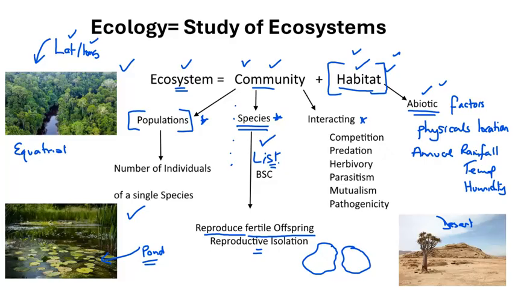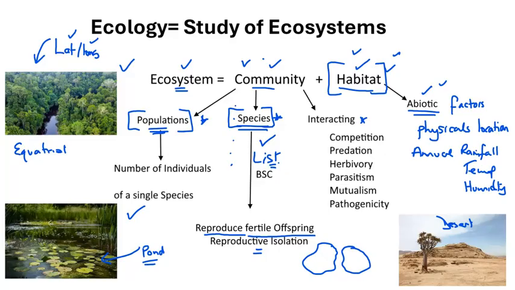So we have our species, and within a tropical rainforest or a pond or a desert, we could write a list of the species. So that's a beginning. Now, in addition to listing the species which are there, we can also count them, which is to say the population. So if we were studying the Serengeti grasslands and we were looking at giraffes, the giraffe would be our species.